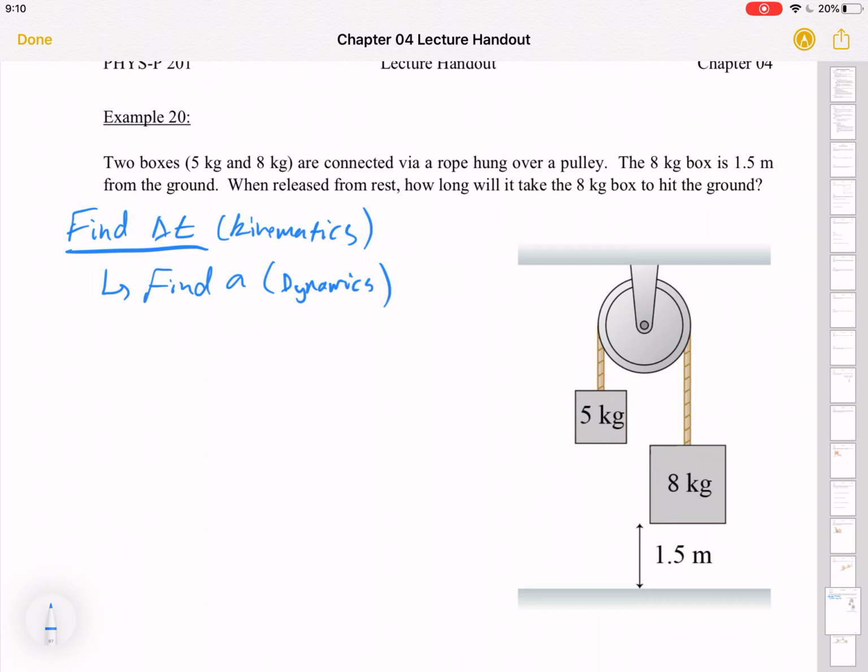Okay, so again, let's label these blocks: box 2 and box 1.